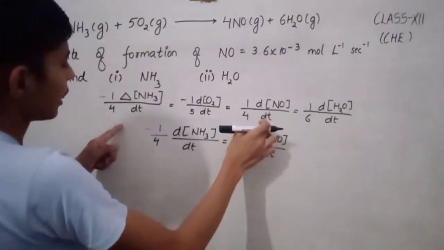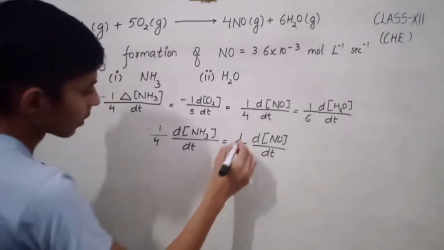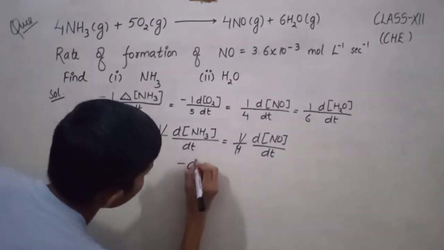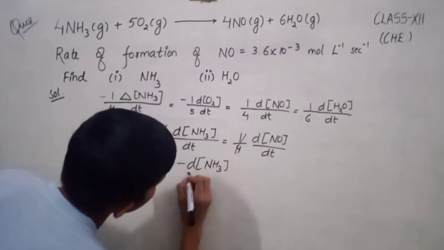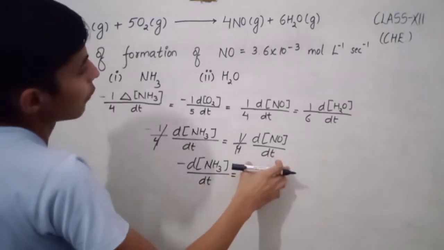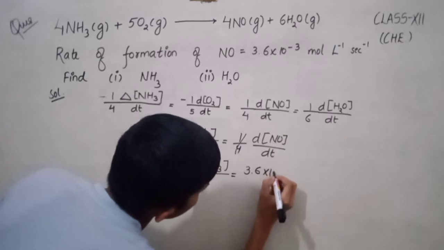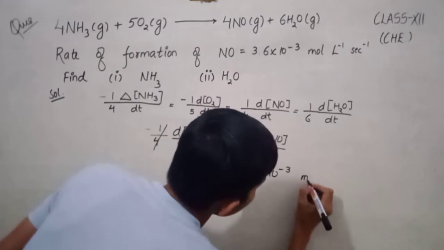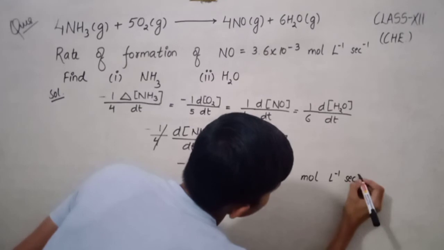These two quantities are equal, so we equate in this manner. 1 by 4 is cancelled out, minus d concentration of NH3 divided by dt equals to the rate of formation of NO, which is given as 3.6 into 10 raised to the power minus 3 mole liter inverse sec inverse.